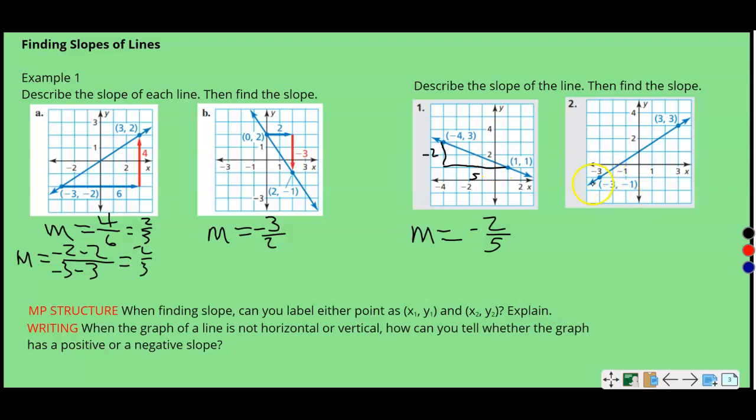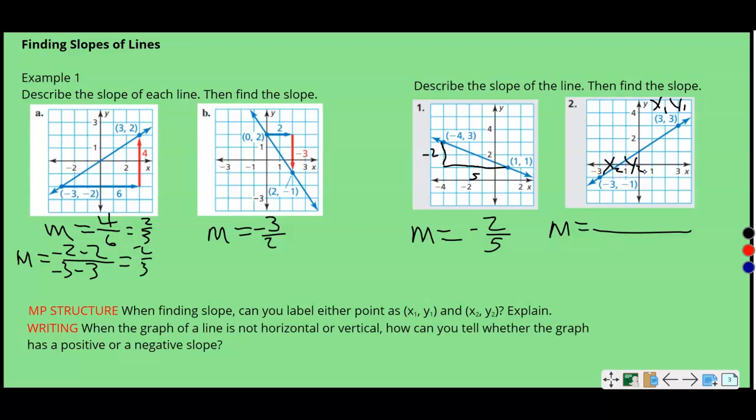All right, number 2, you can see this one is going uphill. So it's going to have a positive slope. This time, the points are a little further apart, so let's use our formula. Let's call this x1 and y1, and this x2 and y2.